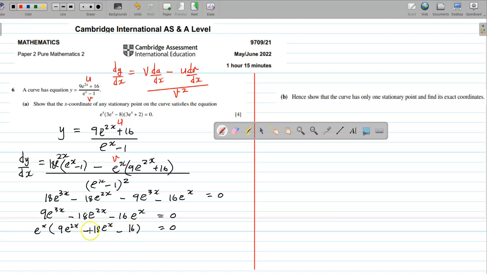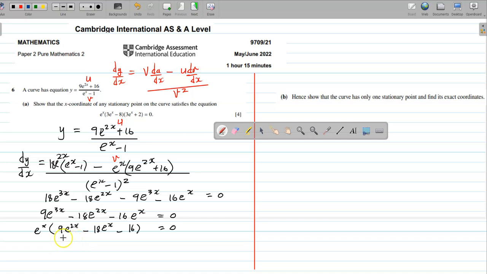Now if you notice inside the bracket here, we can write this as a quadratic equation. Let's use a different color ink, this ink here. So what is in the bracket here?